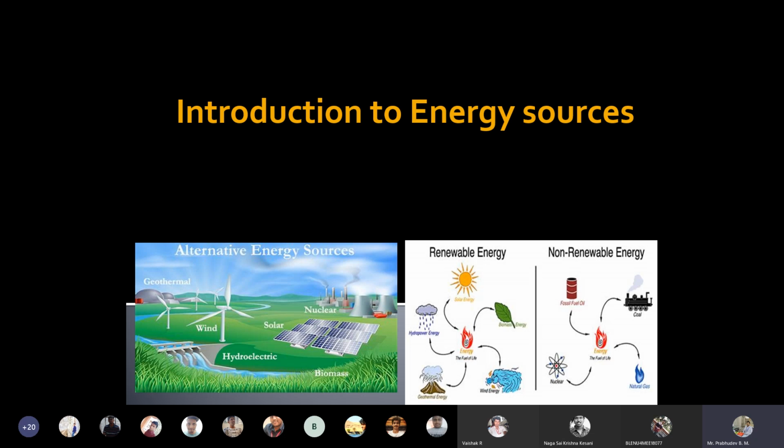Then oil, gas, coal, all these are energy sources. So what do we do with the energy? Energy is used to do some work. There are again some forms of energy on the right side. In the right picture, you can see the same biomass, water, hydro, all these things pictured in a different form.